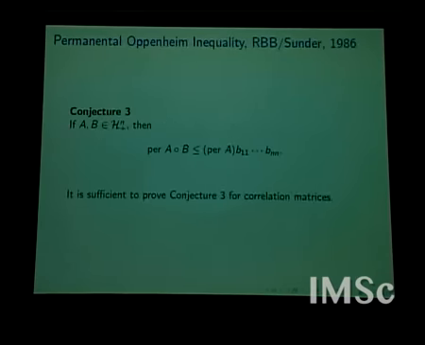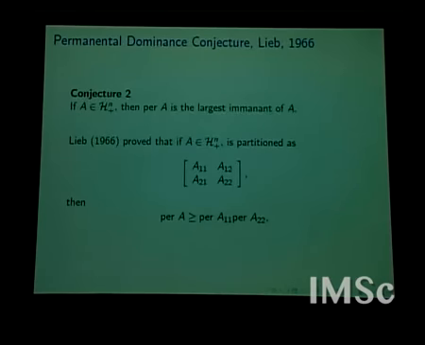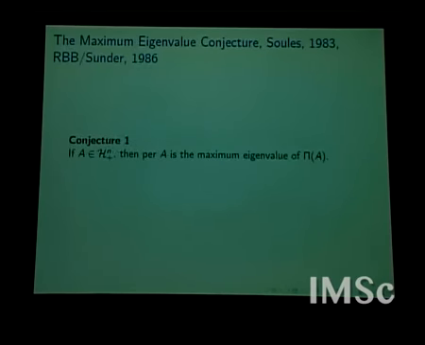Similarly, going back to the permanent on top maximum eigenvalue conjecture, this is also immediate if A is positive semi-definite as well as entry-wise non-negative, because then this becomes really a non-negative matrix with equal row and column sums.